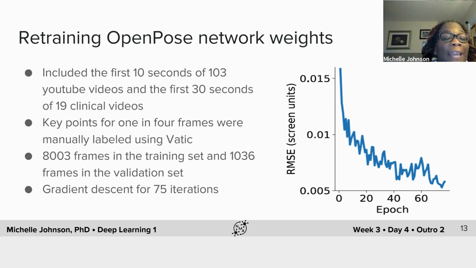We ended up with 8,003 frames in the training set and 1,036 frames in the validation set. We then trained the algorithm with gradient descent. By the time we were done training, 75 iterations later, we were able to get the RMS error down to something that we believed was indeed reasonable.